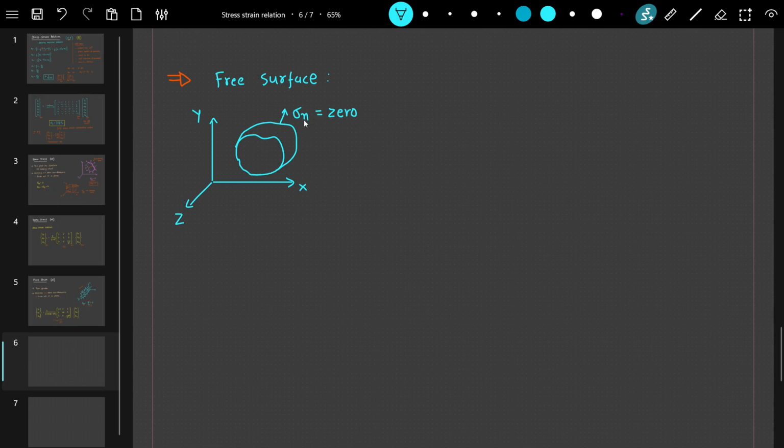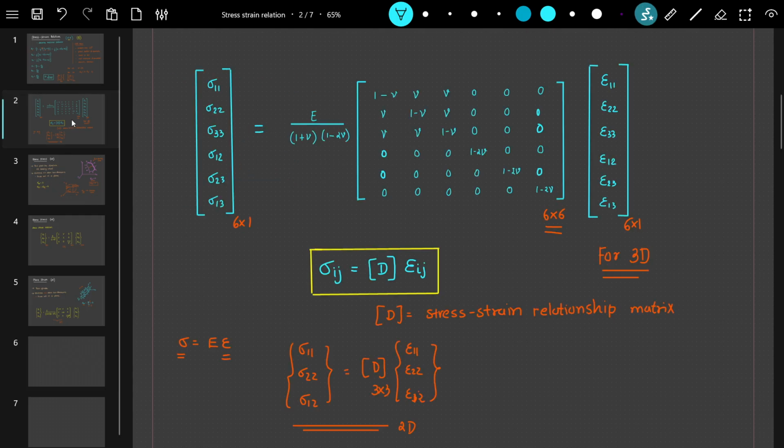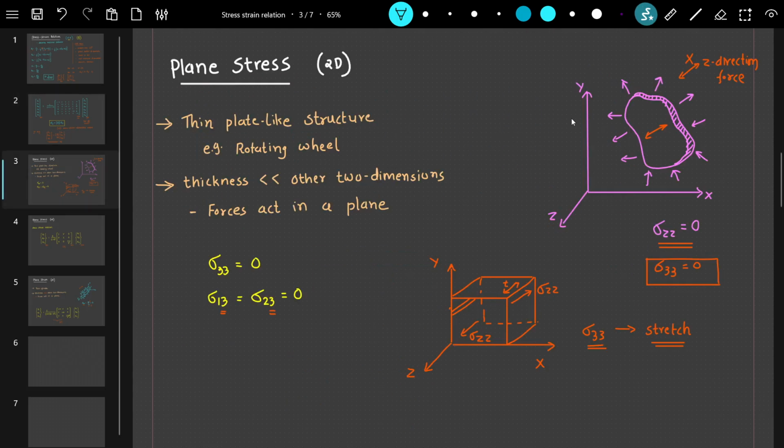This concept is very similar to our plane stress. We are saying that thickness is negligible, so there is no room for stress development. That means there are no opposing planes which resist the deformation.